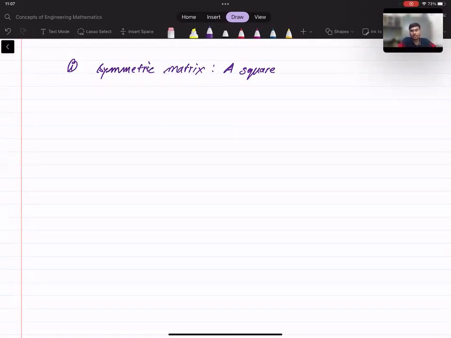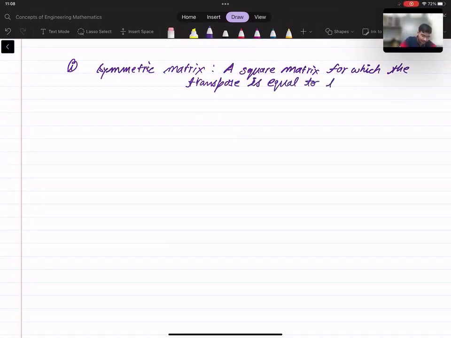So a square matrix for which A is equal to A transpose, for which the transpose is equal to the matrix itself, is known as a symmetric matrix.